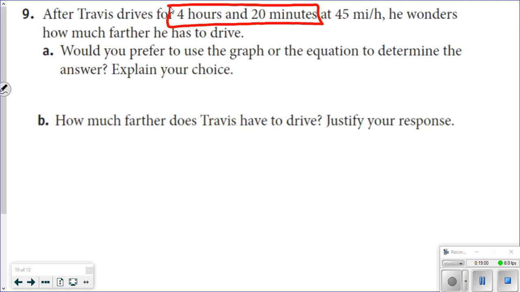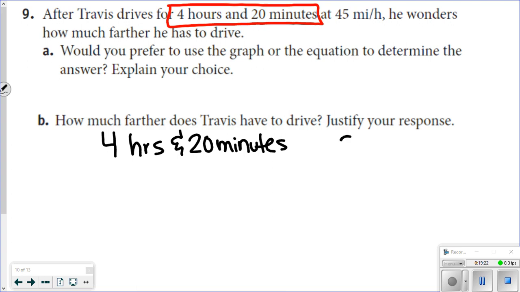Well, we are only talking about hours in our graph, so we need to convert 4 hours and 20 minutes just to hours. So 20 minutes divided by, there's 60 minutes in an hour, so that's 1/3 of an hour.